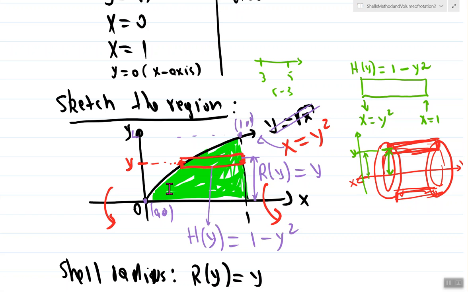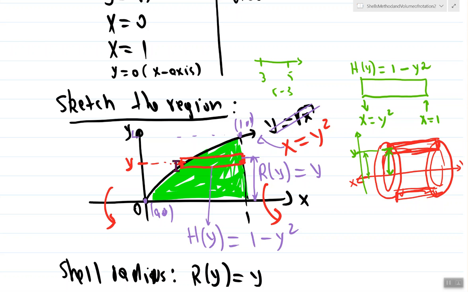So the point is, because the line of rotation is horizontal, that means that the cross-section rectangle will also be horizontal. So we go and pick a y because the cross-section is horizontal. This point y, we're going to use it to graph the rectangle.